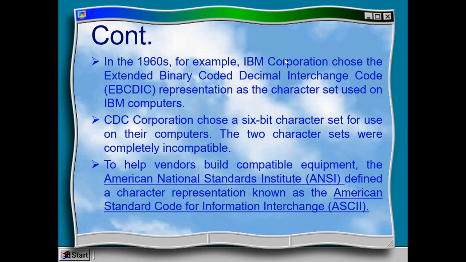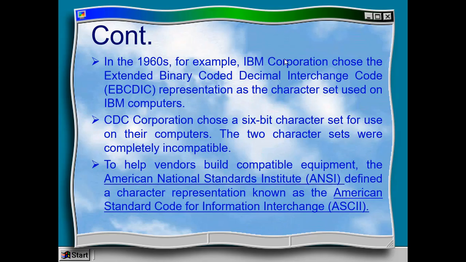What bit values are used to encode each character? That's the big question, because depending on the computer or the character set that you have, you have to know what bit values are used to encode each character. So the computer architect must decide on a specific system.